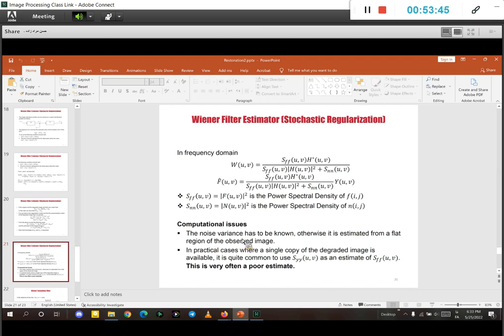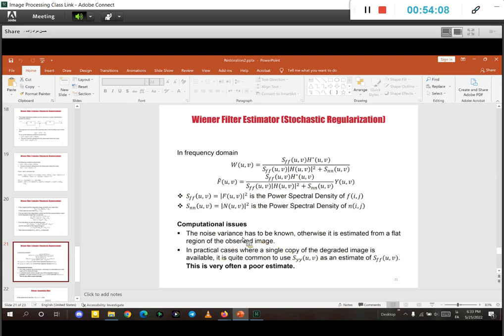One issue is that the noise variance has to be known. We said non-blind, so we should know, for example, the PSD of noise, the autocorrelation of noise, and the variance of noise. The noise variance should be known, otherwise it is estimated from a flat region of the observed image.